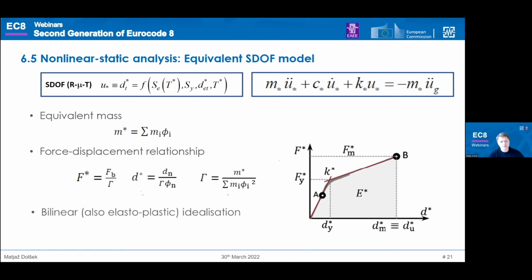There is a little bit more general approach, because it is not prescribed in the new Eurocode that the mode shape should be normalized to 1. It is not necessary to be normalized. For this reason, there is a component from the mode shape.